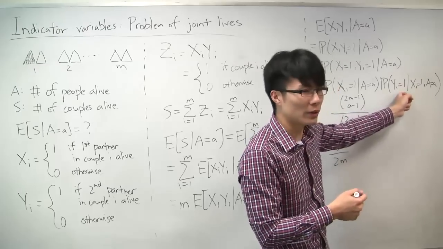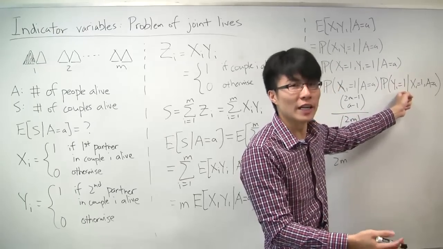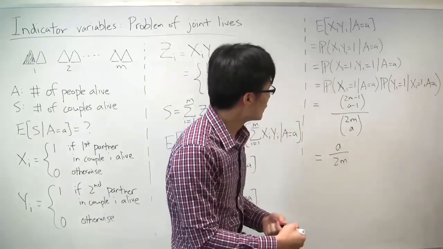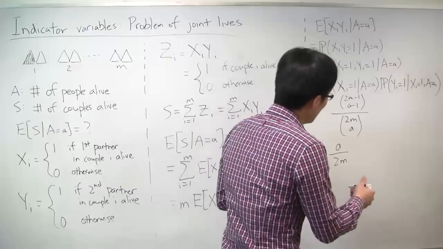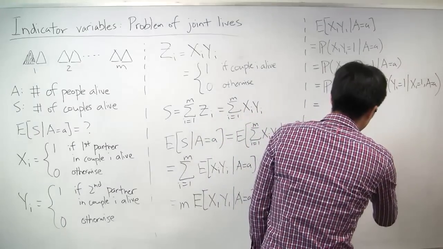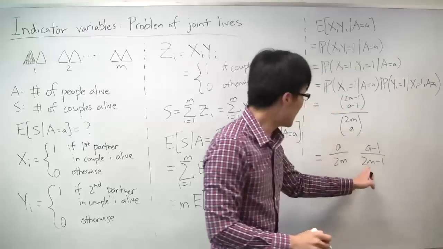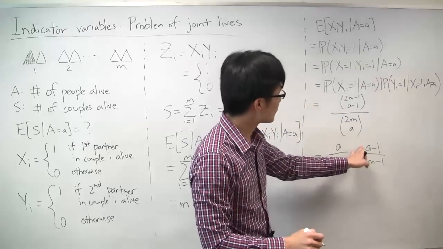So the second partner has less chance of being selected because one of the slots has already been taken. Through a similar argument, you get that it's going to be 2m minus 1 over a minus 1.